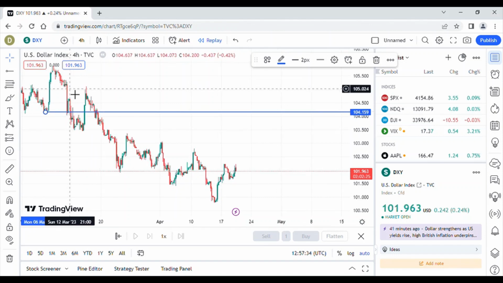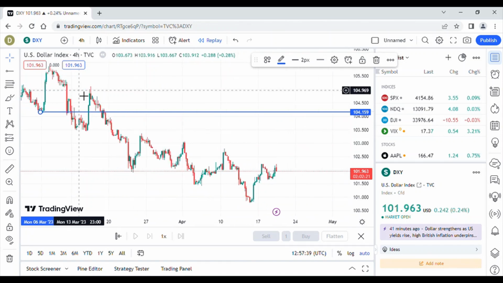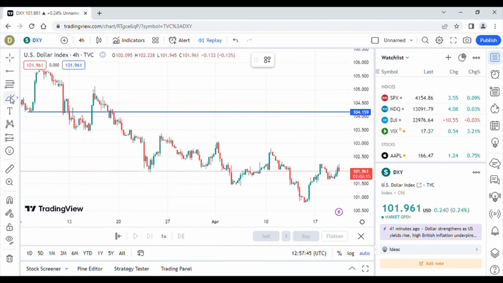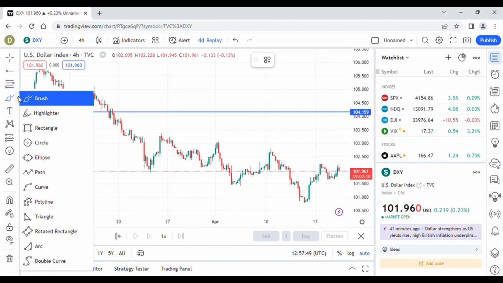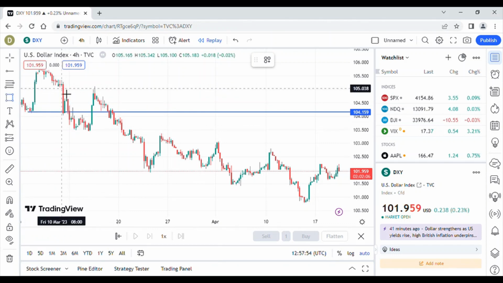I don't know if I can zoom it out, if you see it properly. When I zoom it, yeah, much better. So if we take our box, the rectangle, and mark off that last bullish candle.